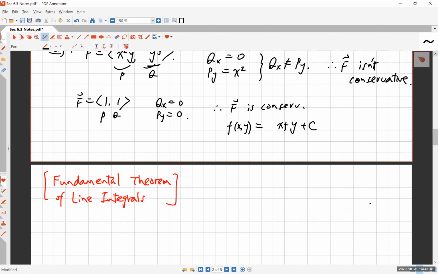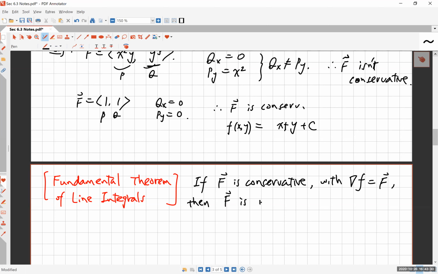The fundamental theorem of line integrals says this: if F is conservative, by the way, what does it mean? That means it has a lowercase f, a real valued function whose gradient is equal to capital F, then F is path independent.